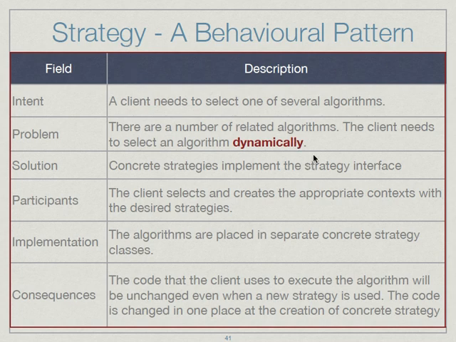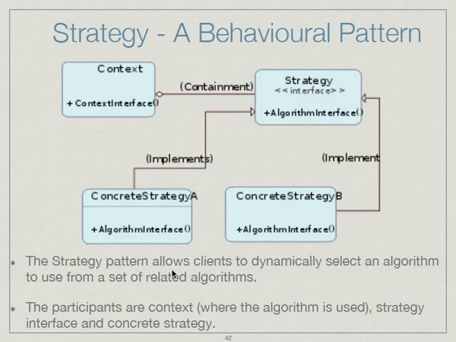So it allows you don't have to hard code it in your program. It can do the selection at runtime. Okay. So let's see. I think after we describe the solution with diagrams, this would make more sense.